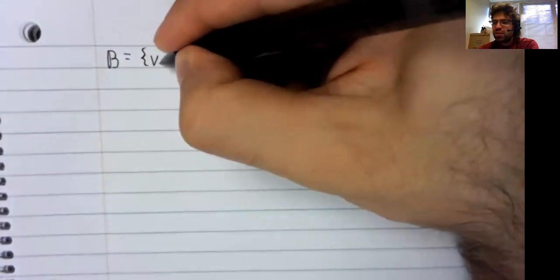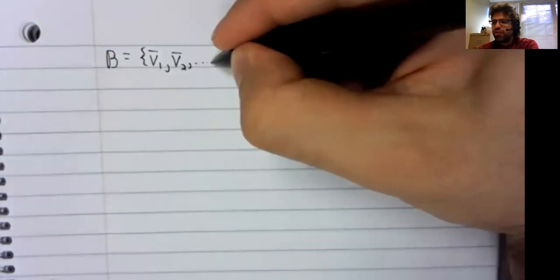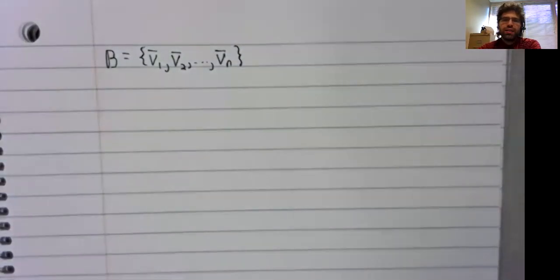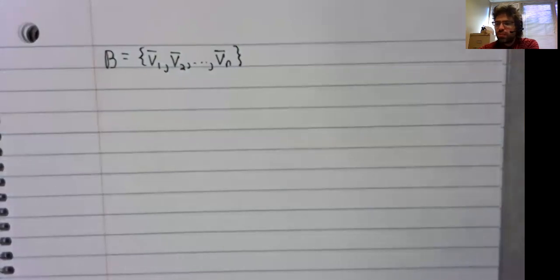Let's take the material of the last video and apply it to column vectors. So we remind ourselves of what we were saying in the last video. Suppose we have a basis of a vector space, a finite basis of n vectors.